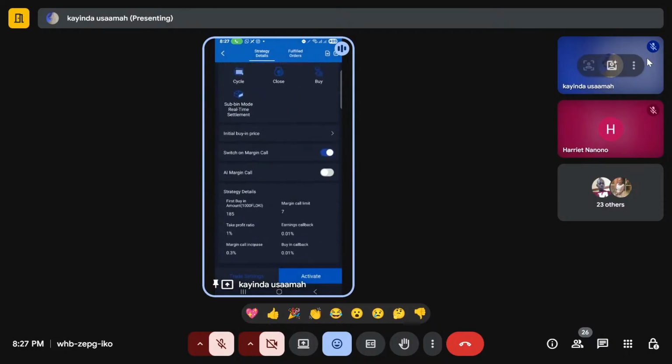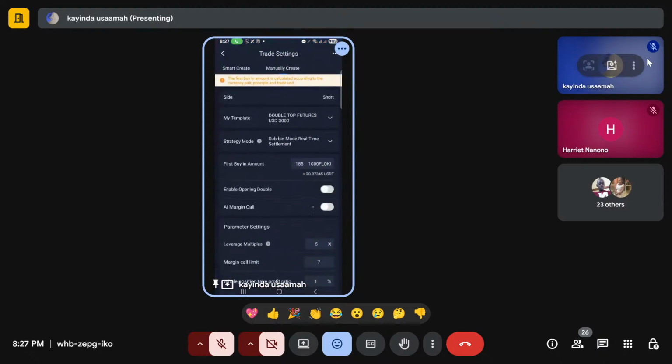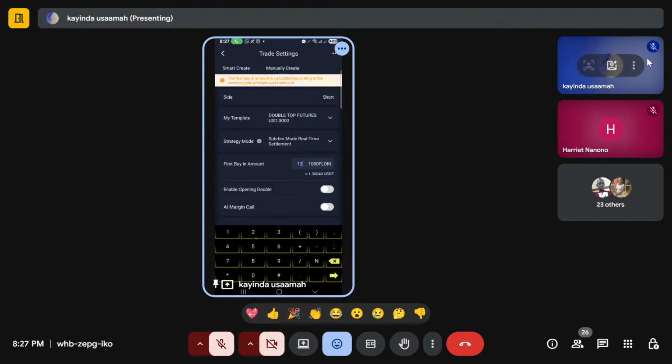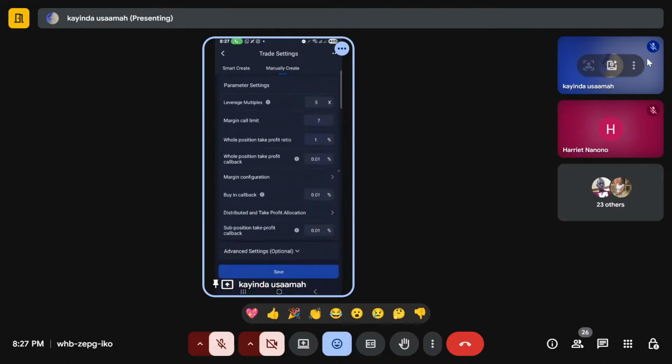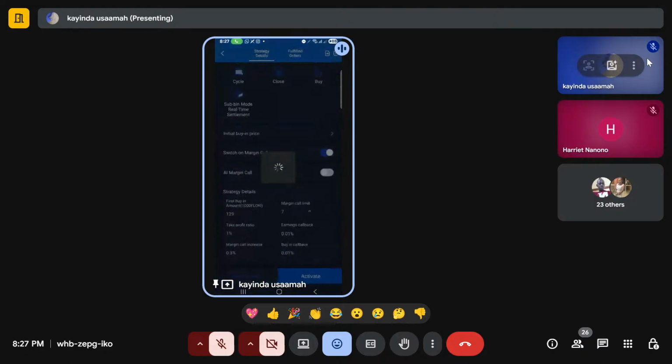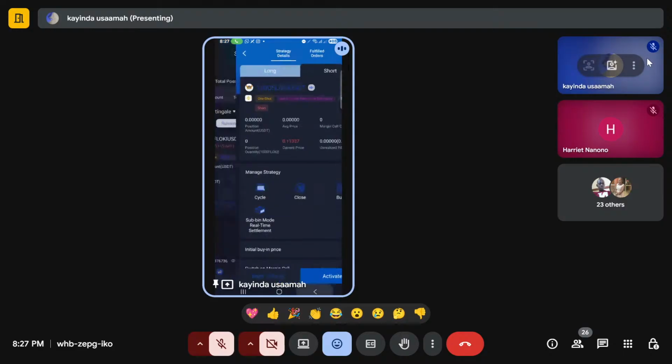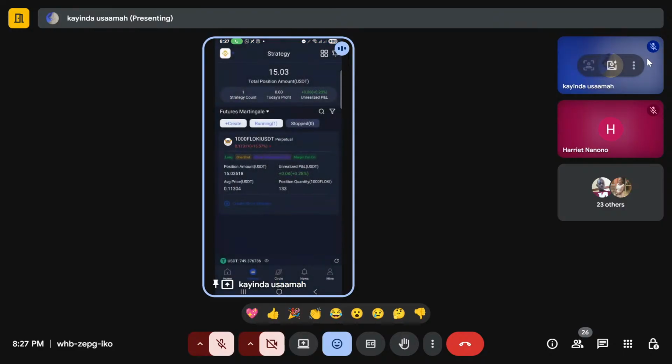When you want to trade this coin, you just tap it. Okay, let me do it again. This is our trade. Then I want to trade it on the other side. So I'm longing it, but the app gives you a chance to trade the same coin in both positions. So here it's saying create a short strategy. If this first trade was short, it would say create a long strategy.